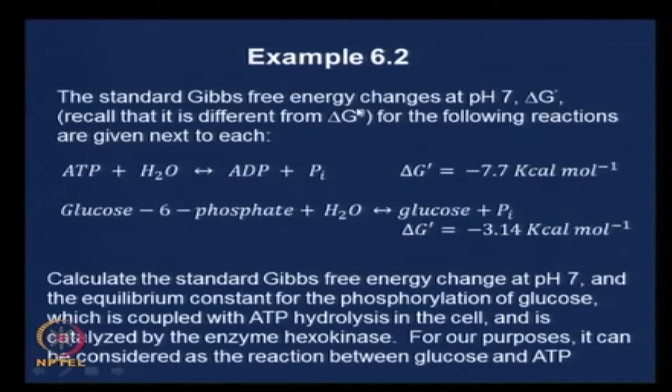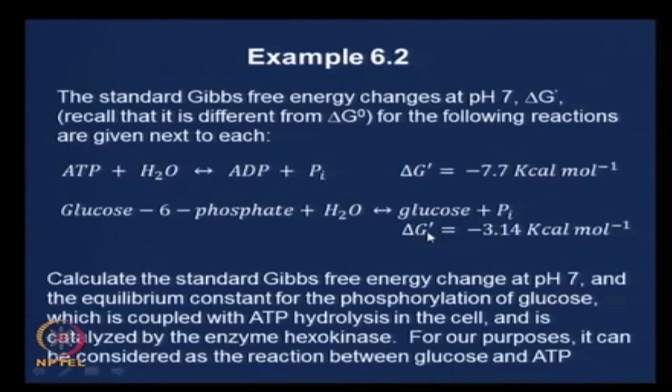So the delta G dash values for the following reactions are given next to each. This is again ATP hydrolysis, ATP plus water giving you ADP and inorganic phosphate, and as we had seen, delta G dash, the standard value, was minus 7.7 kilocalories per mole, and glucose 6 phosphate plus water, the hydrolysis of glucose 6 phosphate to give you glucose plus inorganic phosphate.